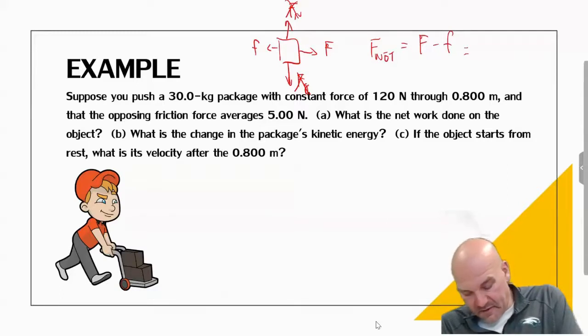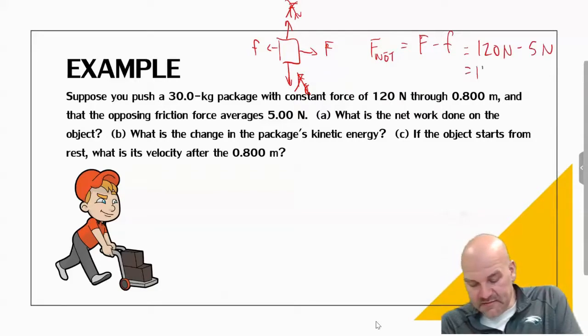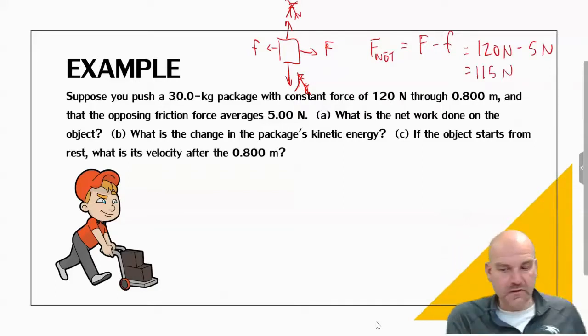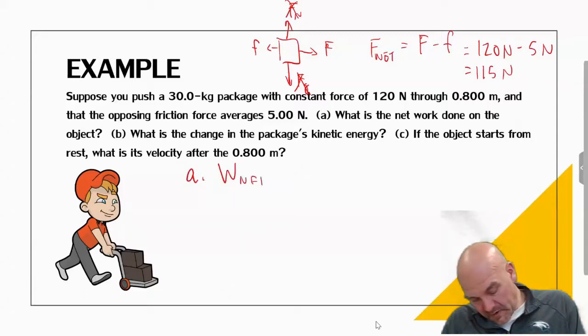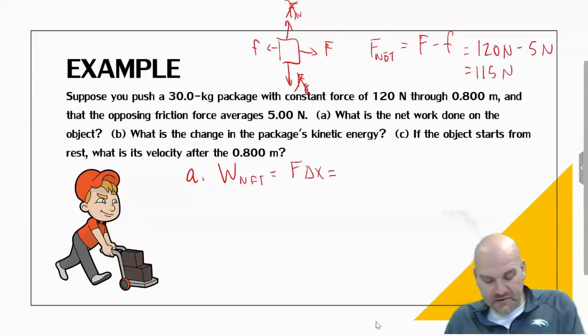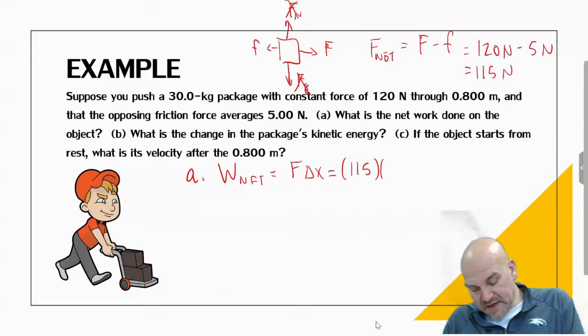So I've got 120 newton force minus a 5 newton friction force, and that's going to give me 115 newtons. Now I'm going to multiply that to find my work. So net work is going to be force times delta x, or distance d. And so it's going to be 115 times 0.80.